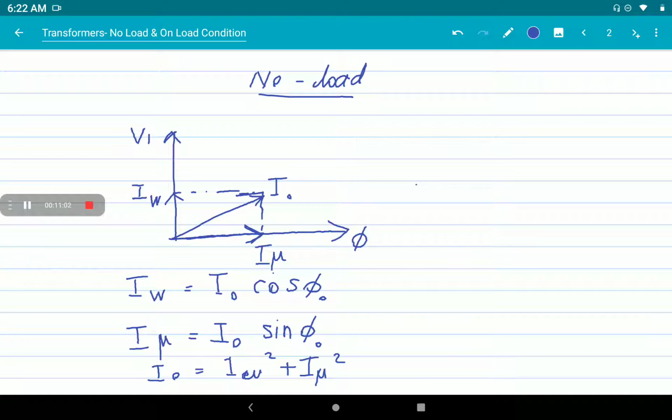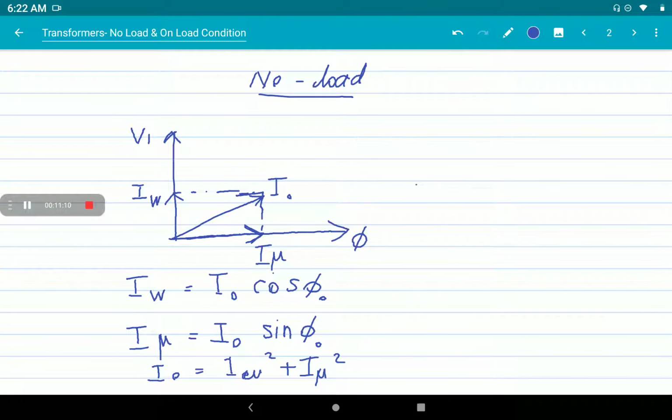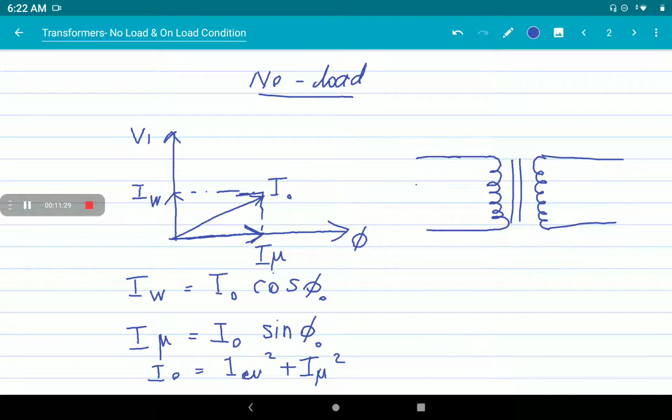Okay, when we represent the transformer in an electrical manner, there will be a primary winding, a core and a secondary winding.